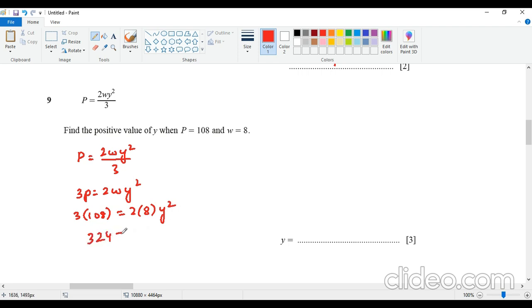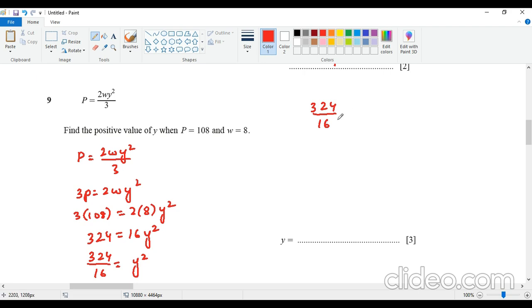324. You may use your calculator. 16 y square and 324 when simplified. 324 by 16.